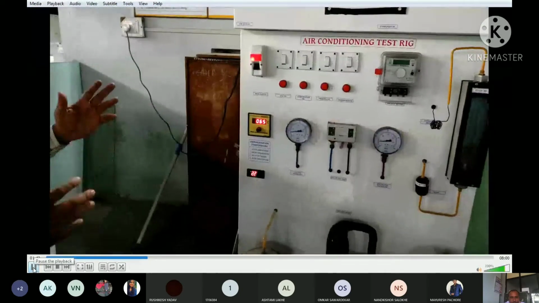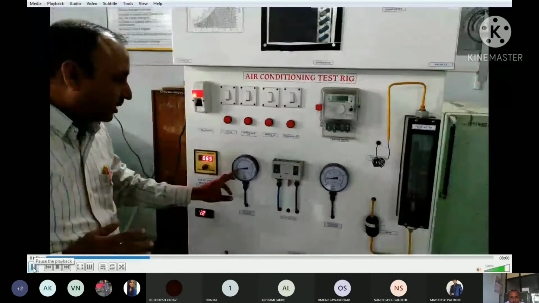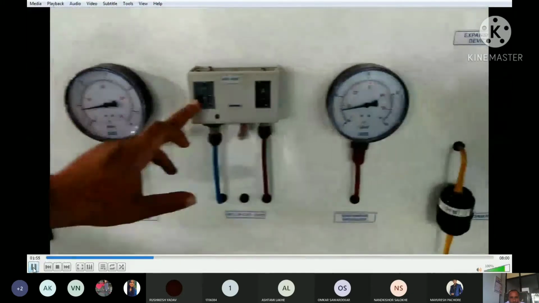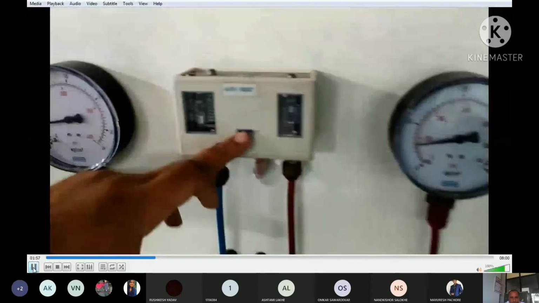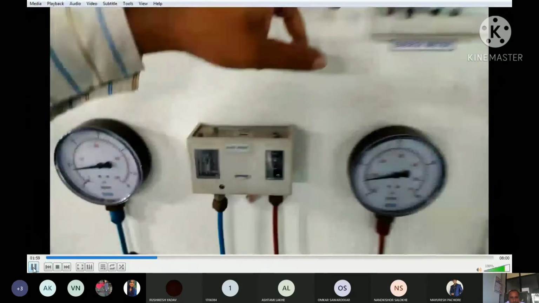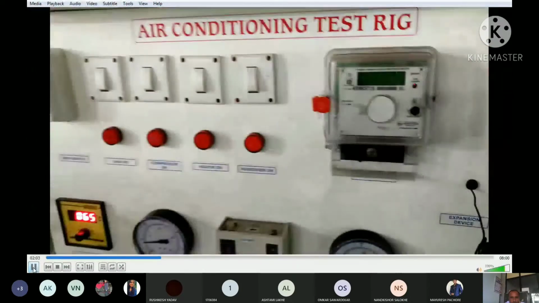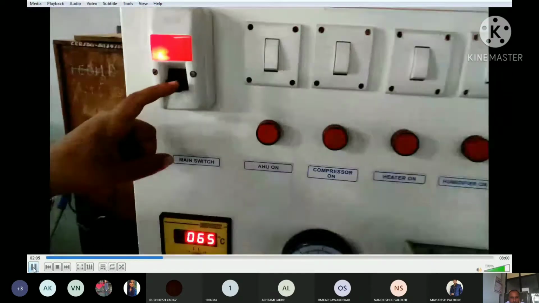Along with this, there are the pressure gauges, suction pressure gauge, discharge pressure gauge, then HP/LP cutouts, then we have the energy meter. This is the main switch.